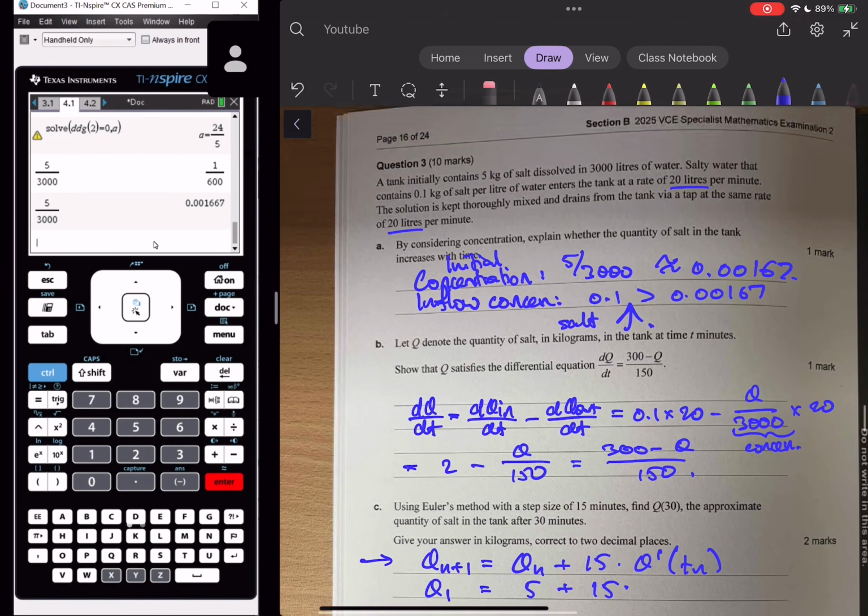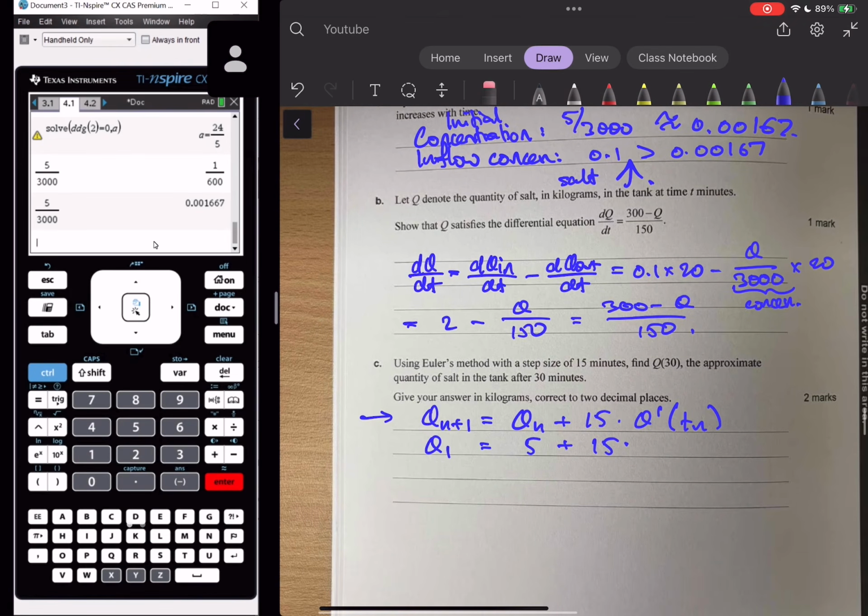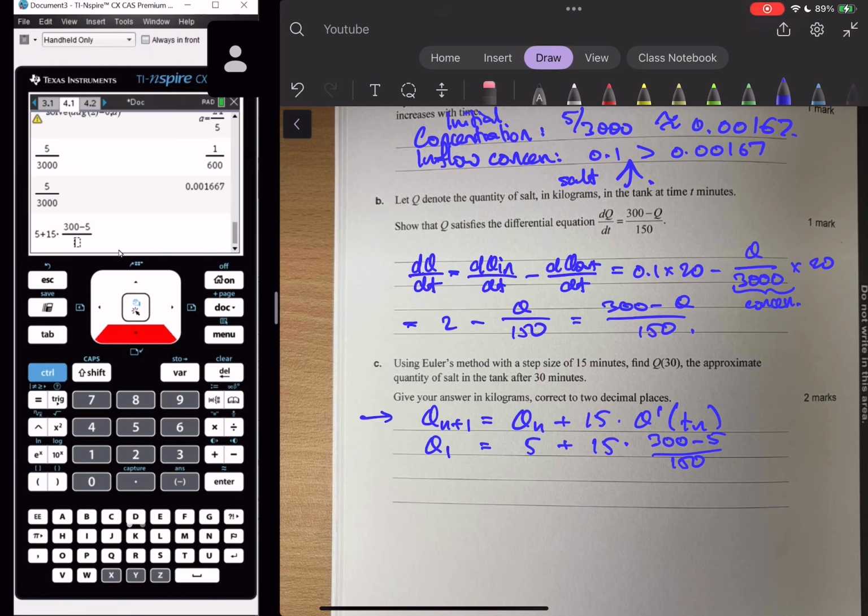No, it's 5. Right, so it's (300 minus 5) over 150. So let's compute that: 5 plus 15 times (300 minus 5) divided by 150. And this is giving us 34.5.